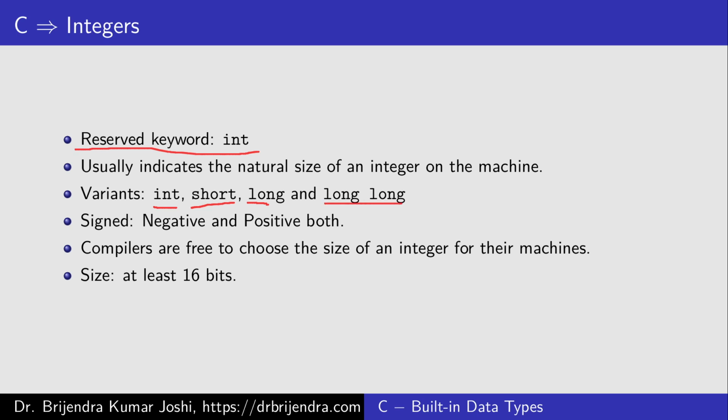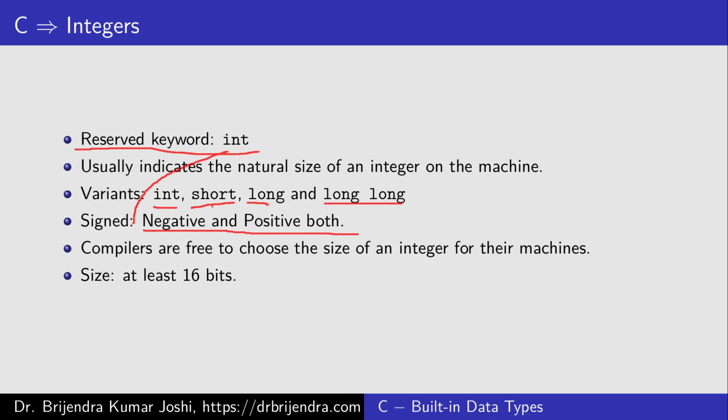So these are the variants of integer, and these are also keywords. By default, int, short, long, and long long are signed. By this we mean we can represent both negative and positive integers.